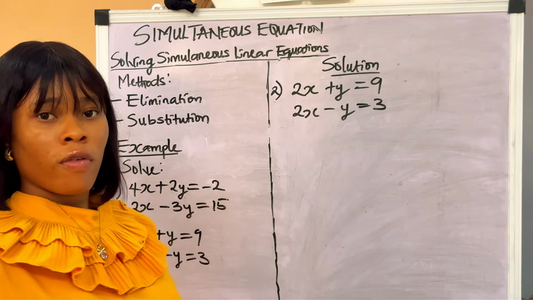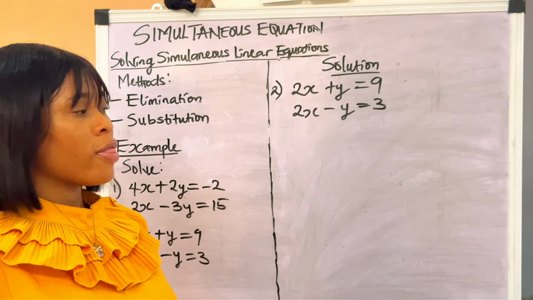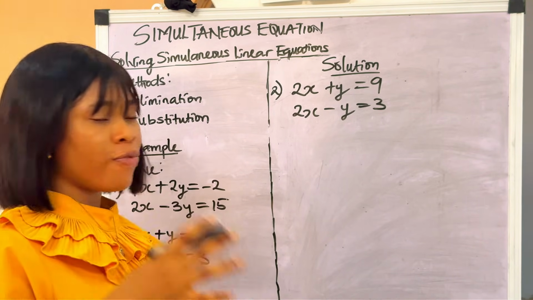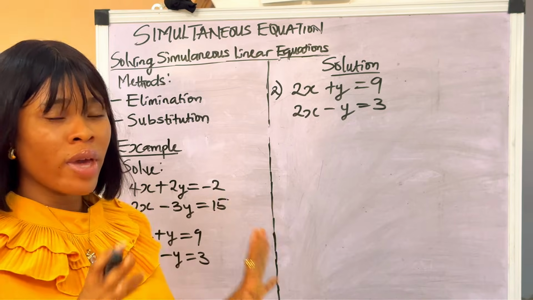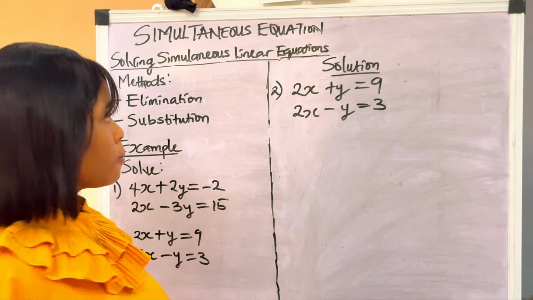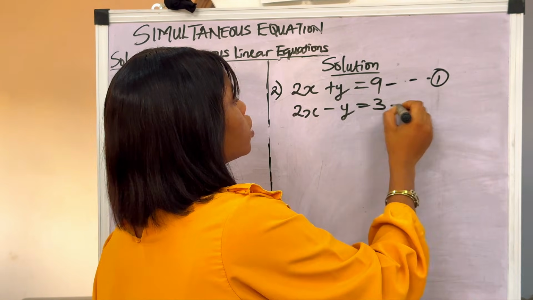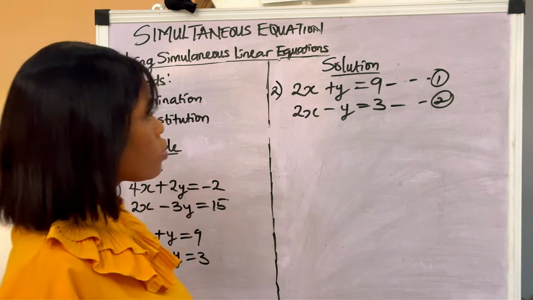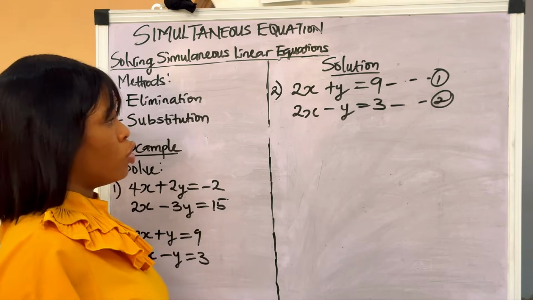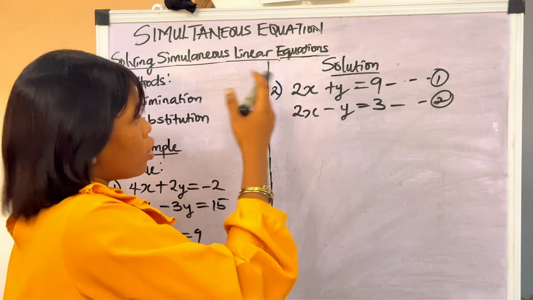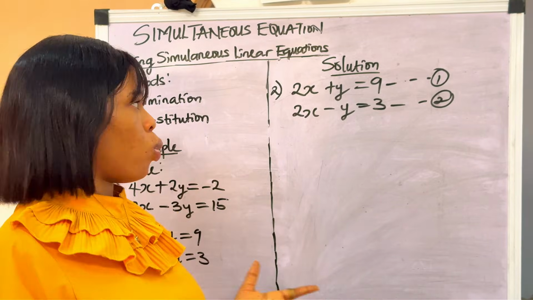Now, for the substitution method, the first thing is to decide which variable you want to make subject of the formula. Let's not forget, this is our equation 1 and this is our equation 2. Which variable do you choose to make subject of the formula? It could be either x or y.